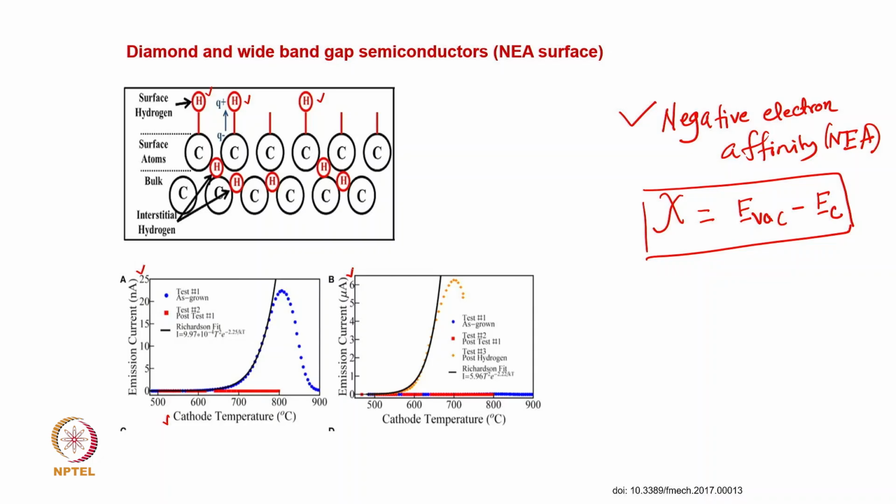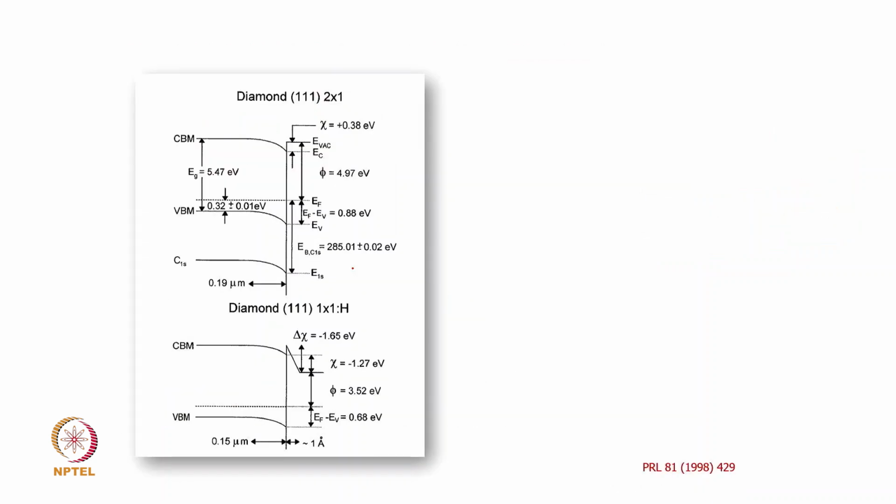So, let us look again at this energy diagram in order to understand what energies are there when we have a diamond and a hydrogen terminated diamond, or when we incorporate hydrogen in the diamond. Look at the top one.